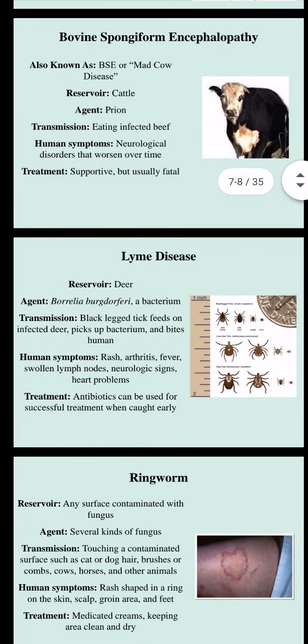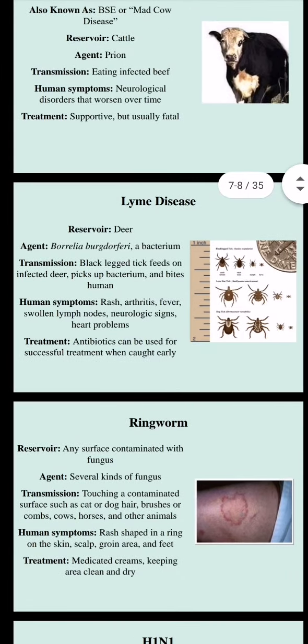What is Lyme disease? The next zoonotic disease is Lyme disease. Its reservoir is deer. The agent which causes Lyme disease is Borrelia burgdorferi, a bacterium.